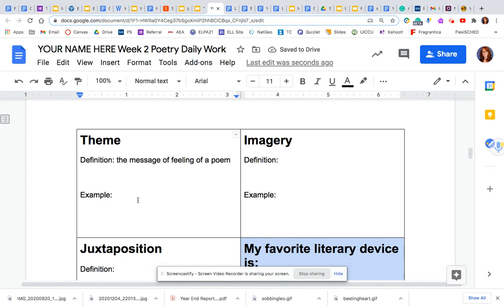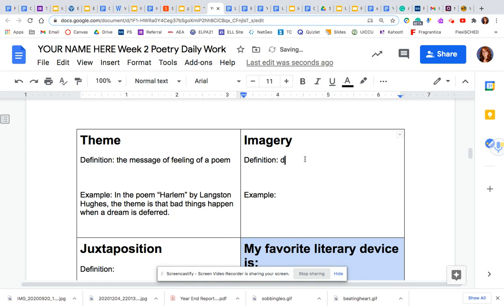Okay, an example is from this poem Harlem by Langston Hughes. In the poem Harlem by Langston Hughes, the theme is that bad things happen when a dream is deferred. Okay.